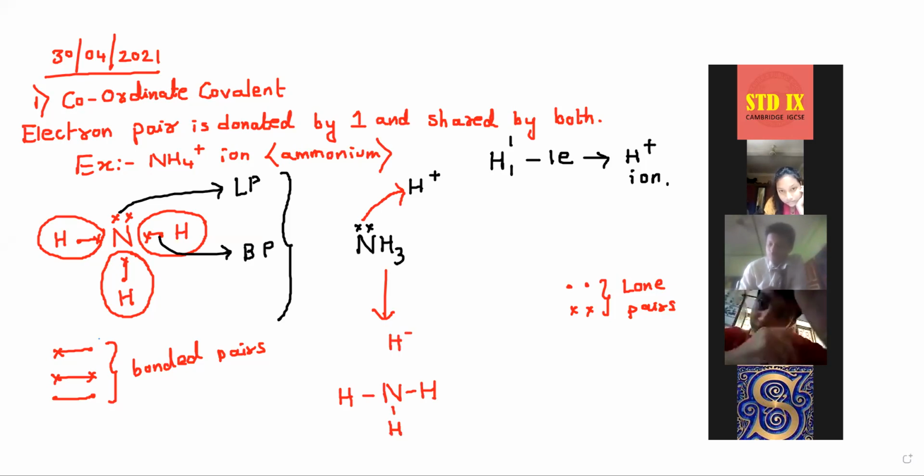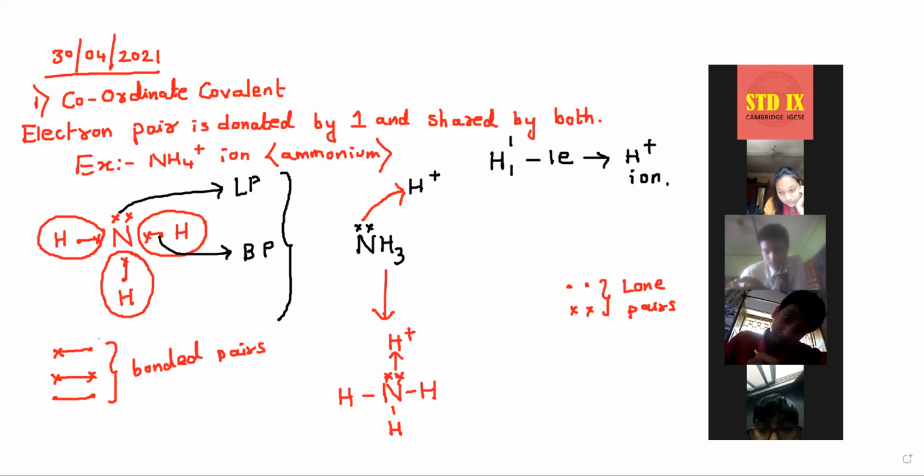All of them are associated, but these two electrons, I should put a cross actually, are forwarded to H plus, so the red arrow has also to be given. So NH3 gave its lone pair to H plus.